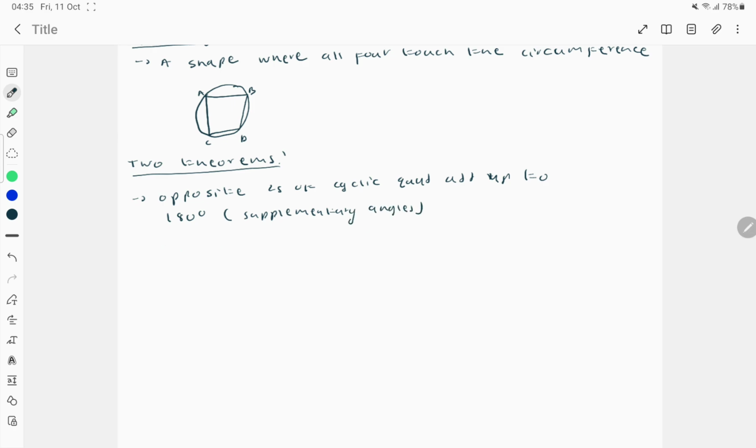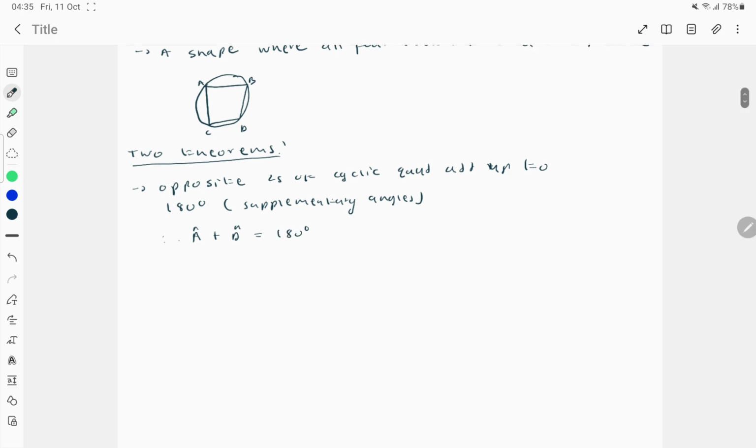Okay, so what do we mean by that? In our shape above, if I say angle A plus angle D, I will get 180 because they told me that this is a cyclic quad. Or if I say angle B plus angle C, I'll get 180.